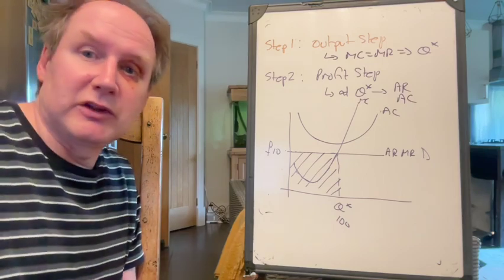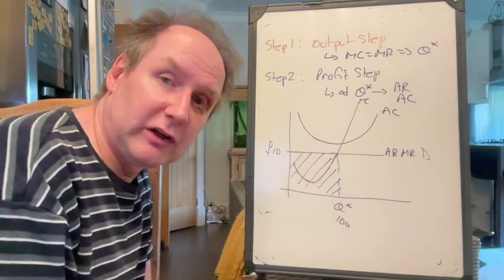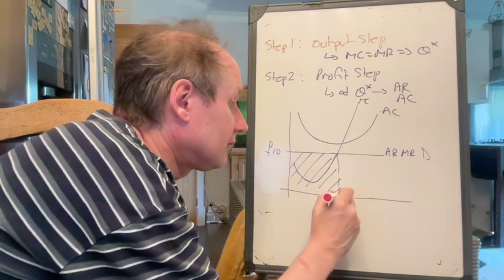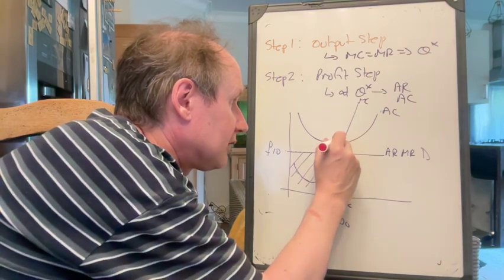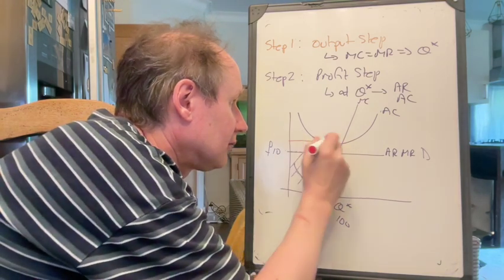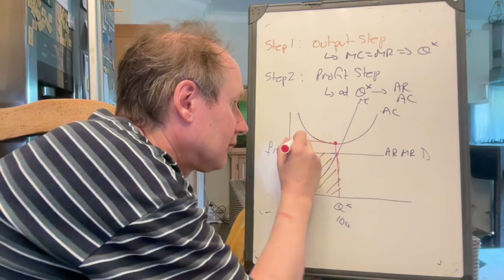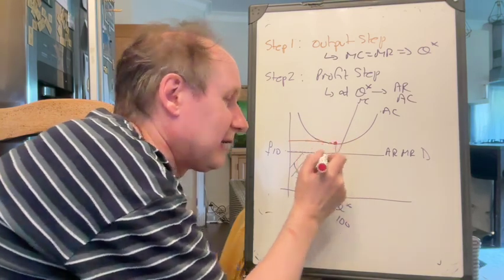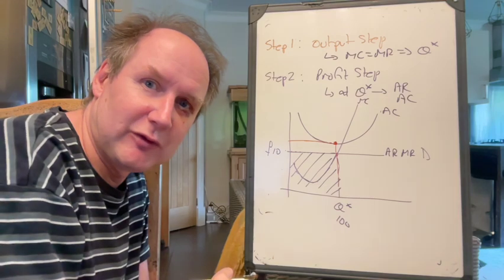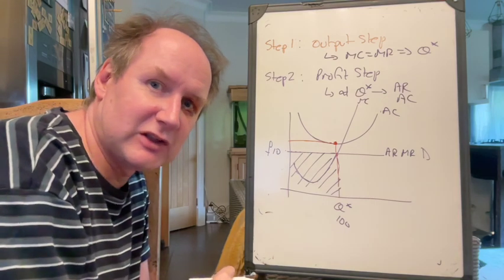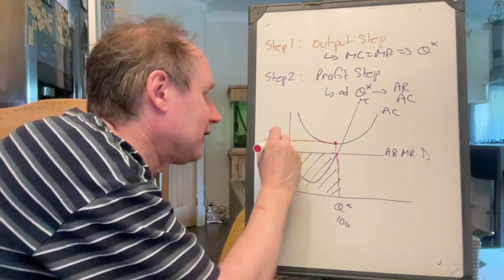The last thing we have to do is say, at Q star, what's the firm's average cost? It's not there, by the way. It's not the minimum point of the average cost curve. The firm's not producing there. Everybody gets sucked in by that. It's there at 12 quid.